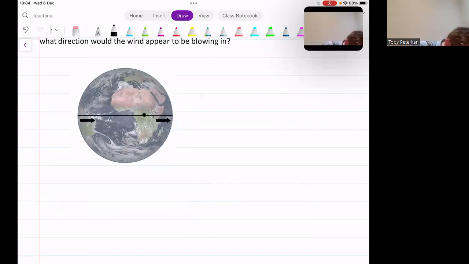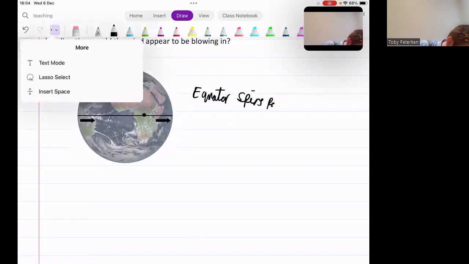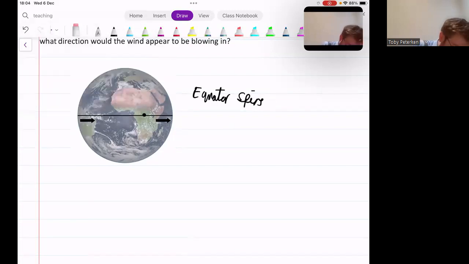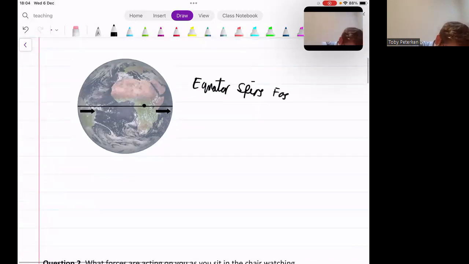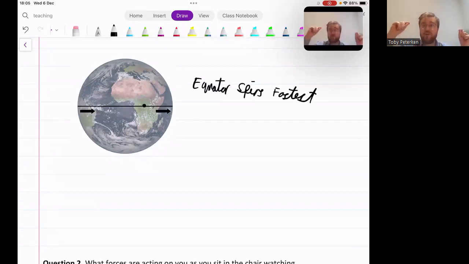So the wind has to be traveling along with the rotation of the Earth. And because of the shape of the Earth, the equator spins fastest. That's just because of the shape. Like if you have a spinning disk, the outside of the disk spins much quicker than the inside of the disk.